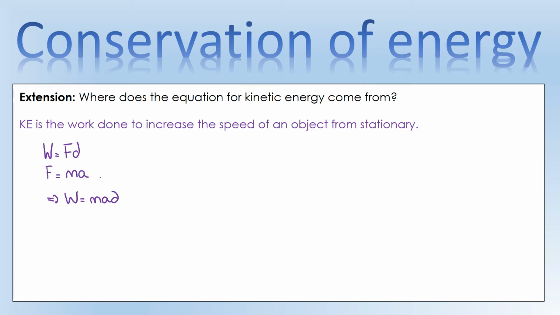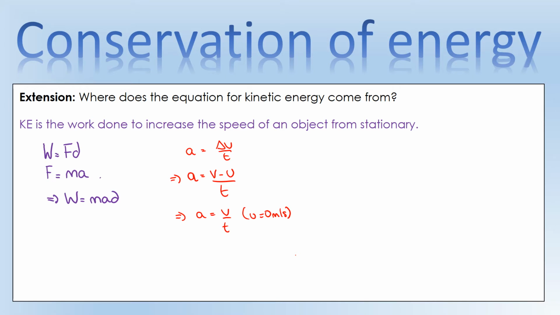Work done is force times distance. If we're increasing the speed of the object, we are accelerating, so we can use this expression for the resultant force on the object, F equals ma. Therefore, we can get an expression: work equals mad. Anyway, we can now start making some substitutions. Acceleration, we know, is change in velocity over time taken.